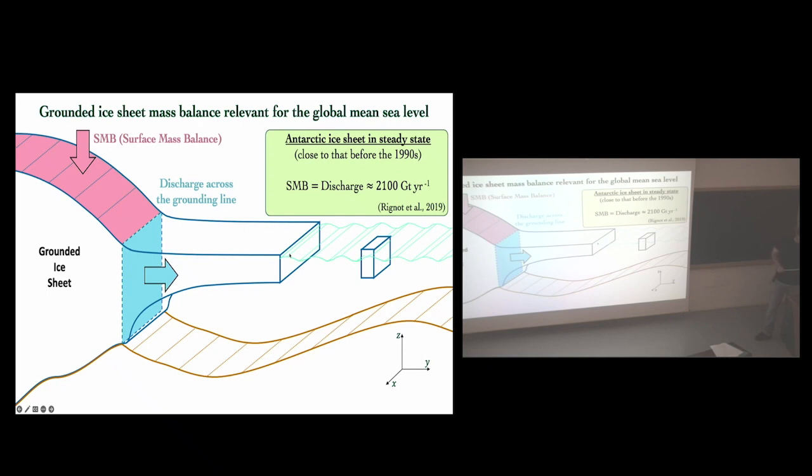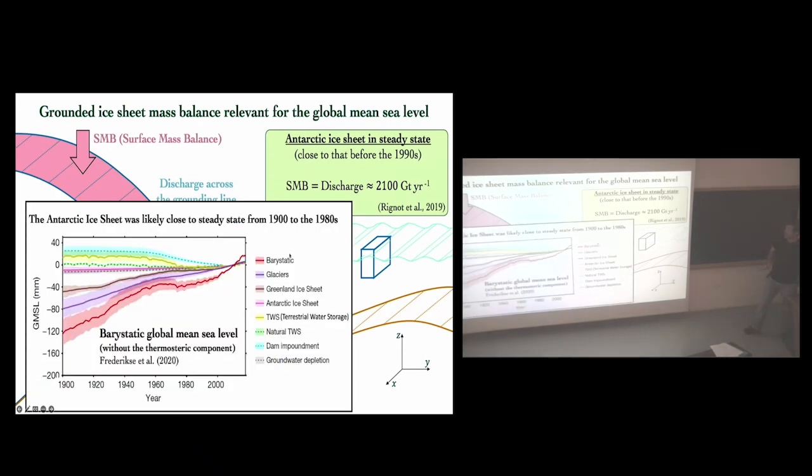It's just no contribution. And it's probably quite accurate to believe that the ice sheet was in steady state before the 90s, because if we look at the estimates from paleoproxies of sea level contributions, this is the barystatic contribution to sea level rise for the different terms. Barystatic is all the contribution that is not due to the thermal dilatation of the ocean.